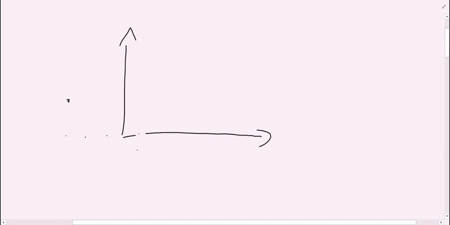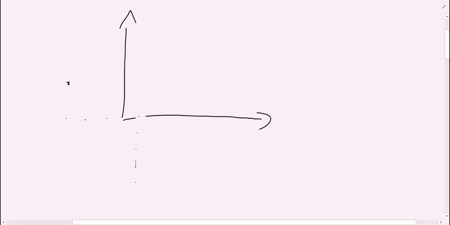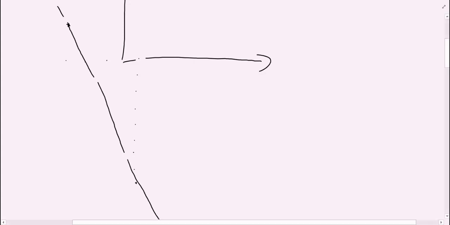Down 1, 2, 3, 4, 5, 6, 7, 8. All right, so this is the other point. We have 2 points here lying on this line, and so we have a line going through these points.